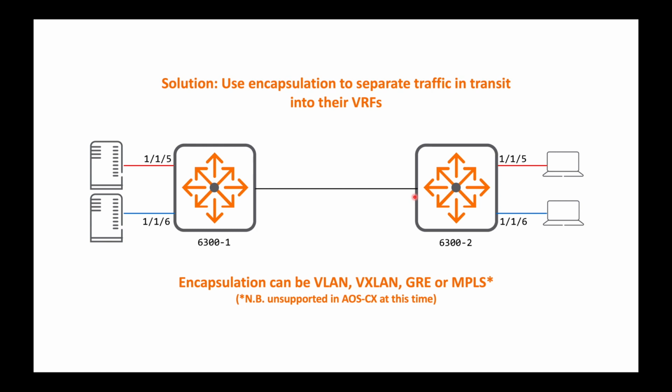MPLS is an important part of this. I should caveat that by saying that it's unsupported on AOS-CX at this time, so I won't be delving any further into this, but I think it's sufficient to say at this stage that VRFs and MPLS, especially layer 3 VPNs, go hand in hand as complementary technologies.